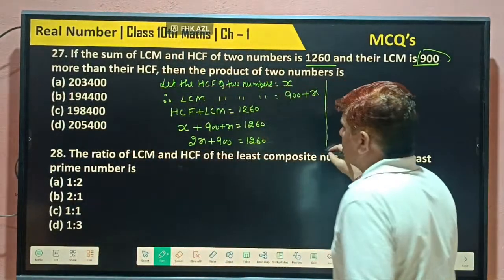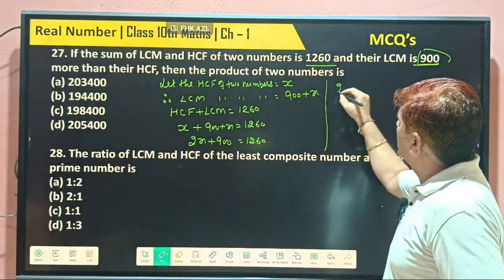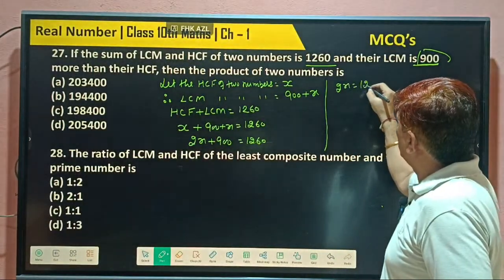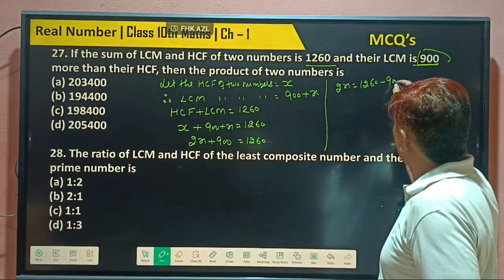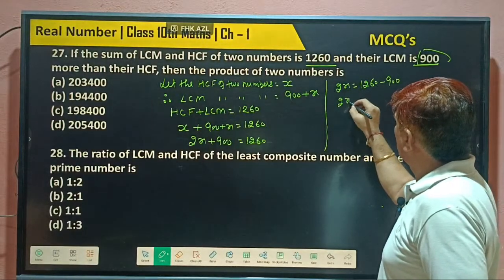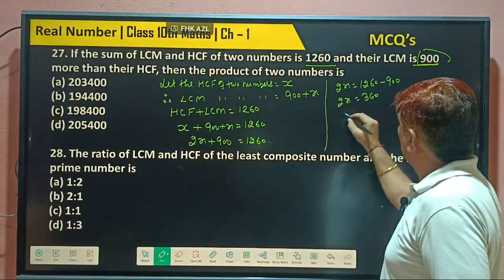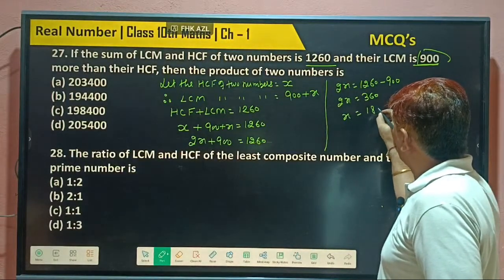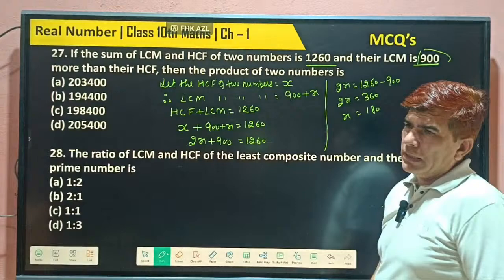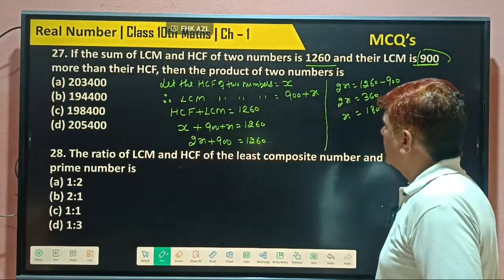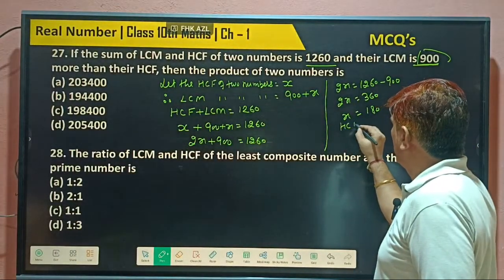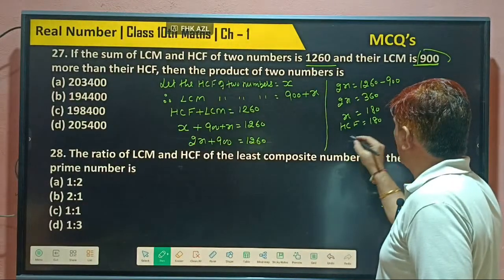If we solve it, 2X is equal to 1260 minus 900. So 2X is equal to 360, X is equal to 180. So HCF is equal to 180.